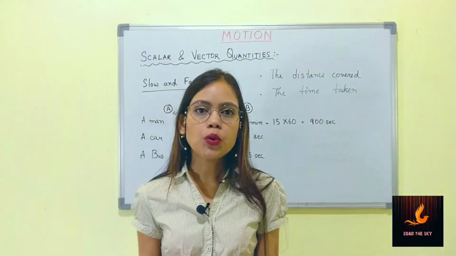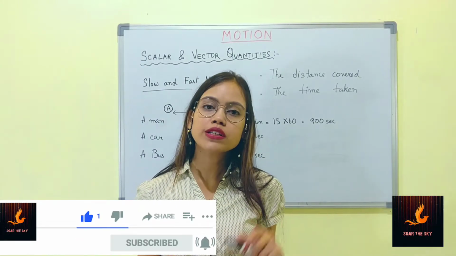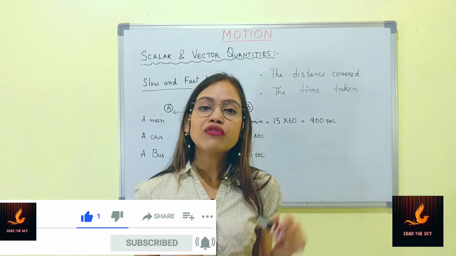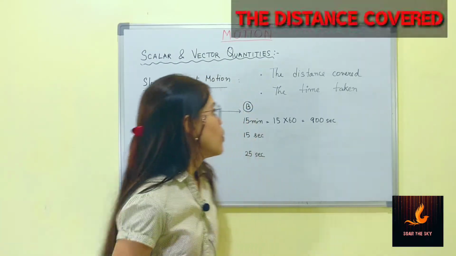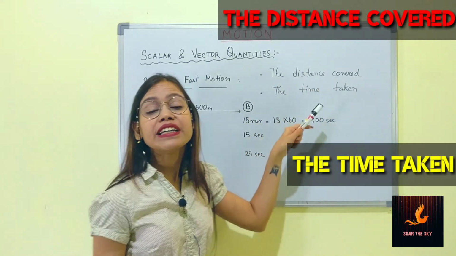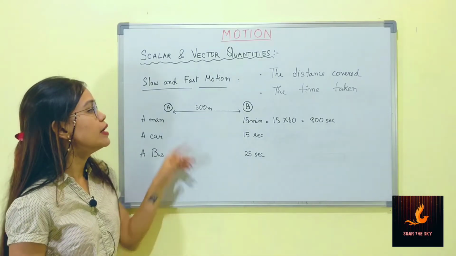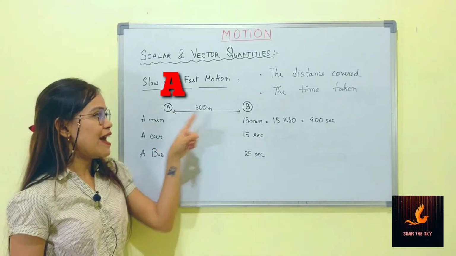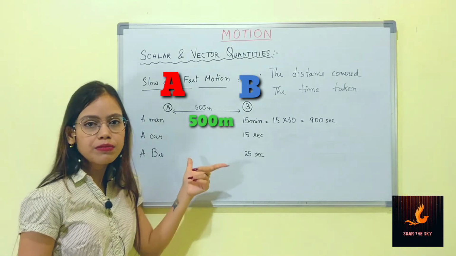How do we know whether the motion of a body is slow or it's moving very fast? We have to take two factors into mind: the distance covered by the body and the time it takes to cover that particular distance. Say for example, there is a place A and there is a place B. The distance between them is 500 meters.